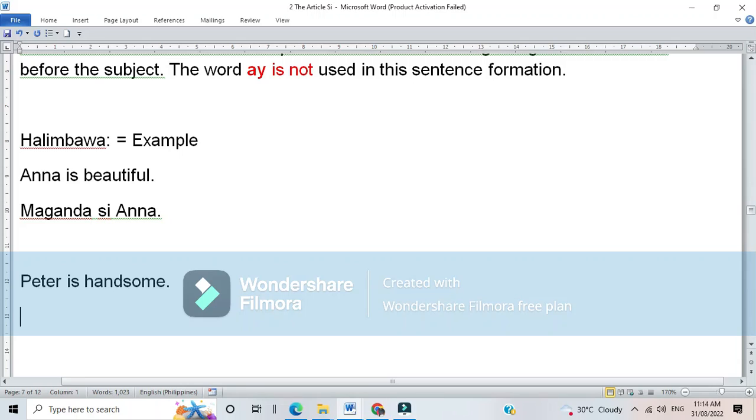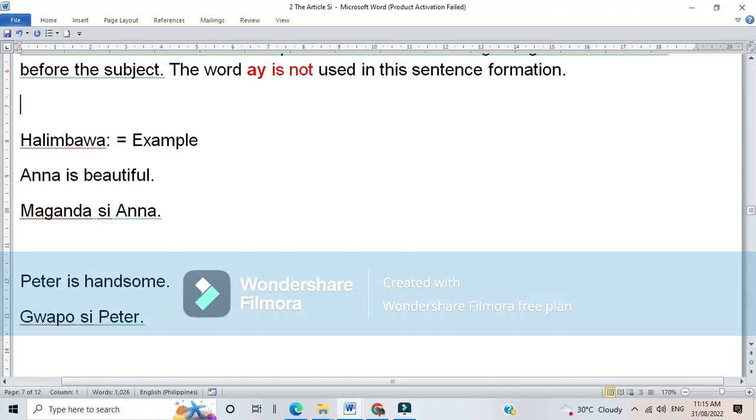Okay, let's try the other sentence. Peter is handsome. For the inverted word order sentence, we begin our sentence with a predicate. Handsome is guapo, and then the subject is si Peter. So the inverted word order is guapo si Peter.